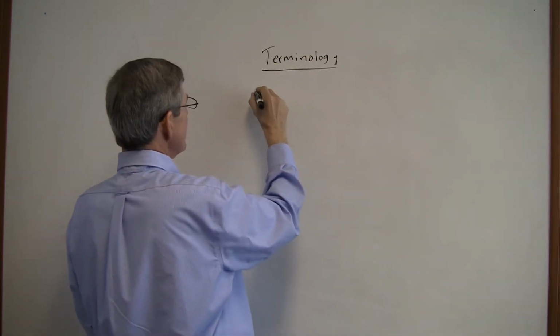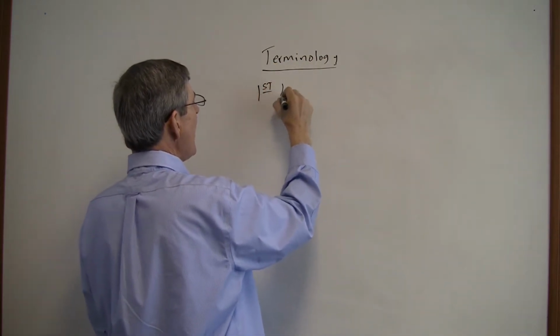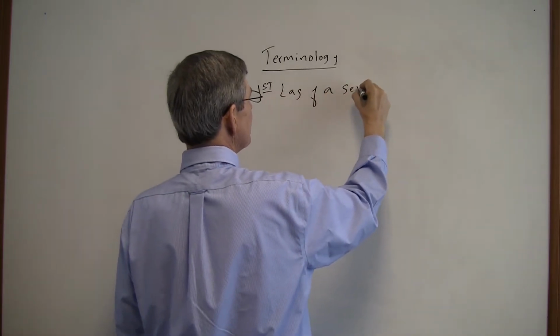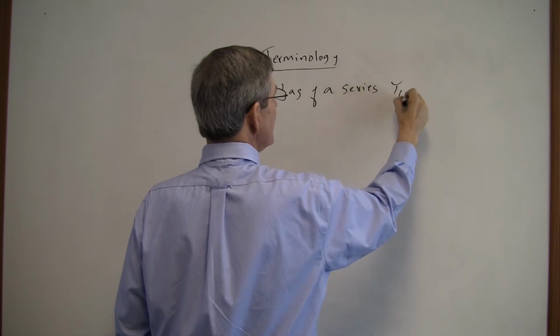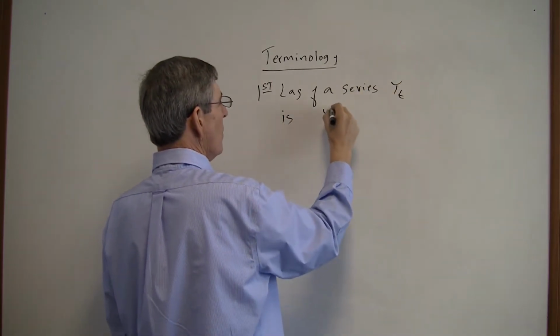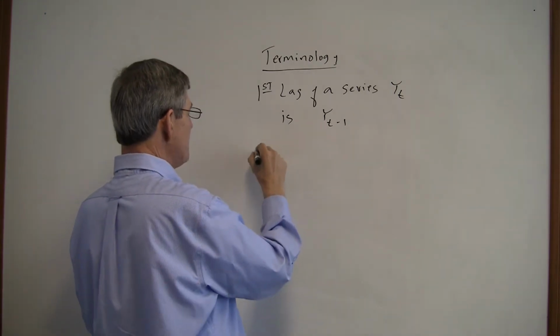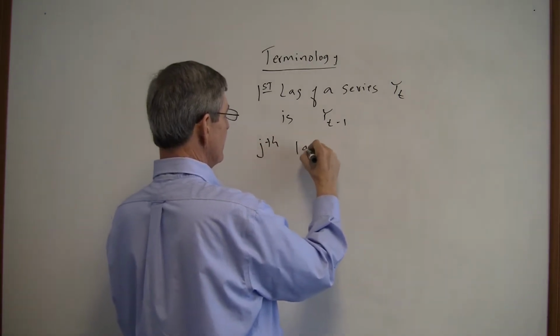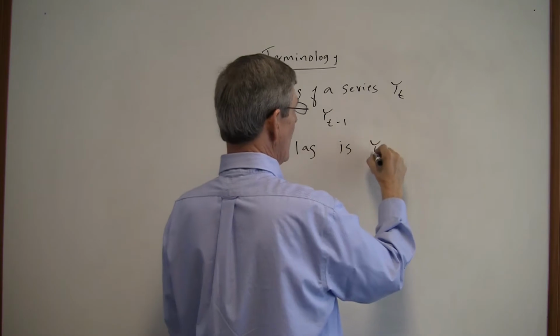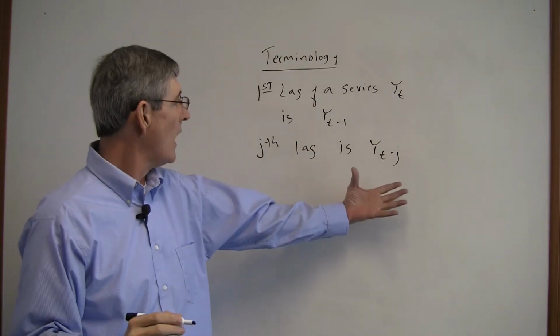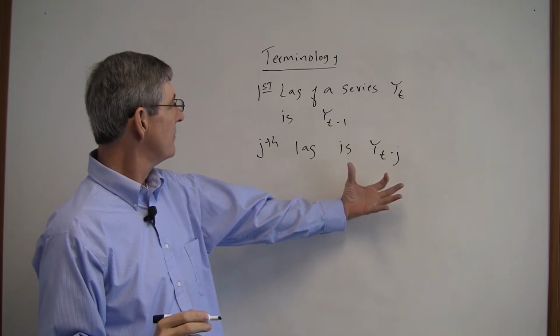The first thing is the first lag of a series y_t is y_t-1, obvious. The jth lag is y_t-j. So when we say the jth lag of y_t, we just mean y_t-j.